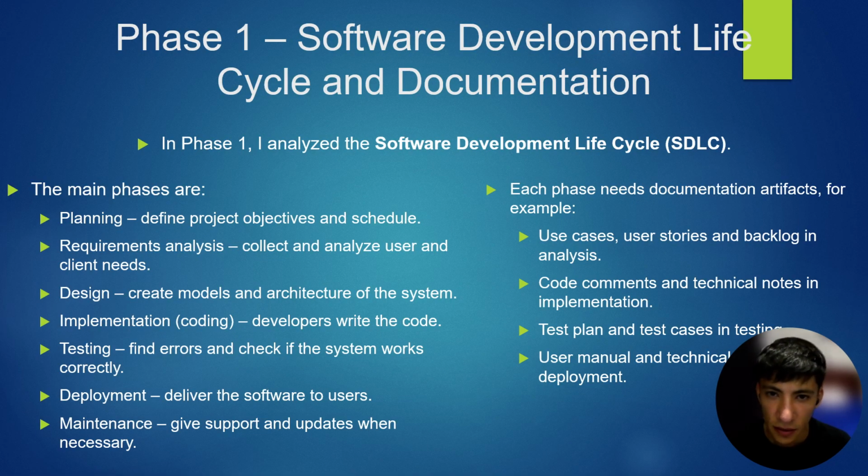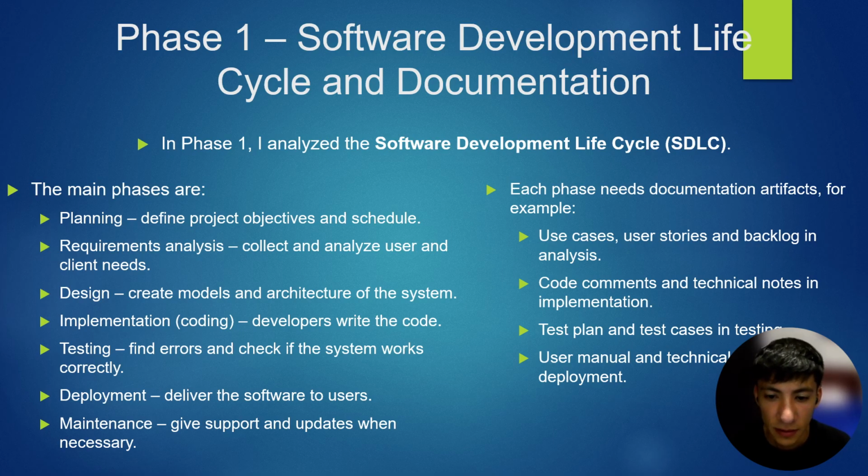In phase 1, I studied the software development life cycle, or SDLC. The SDLC has several main phases. The first, planning, where we define the objectives and time of the project. Second, the requirements analysis, where we collect and analyze the needs of the users.